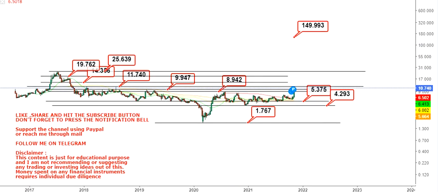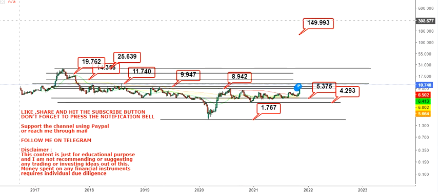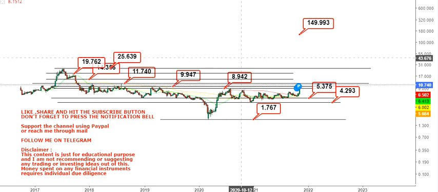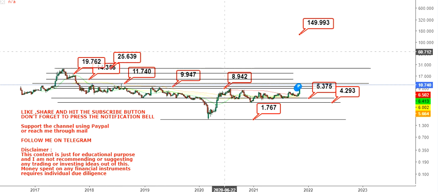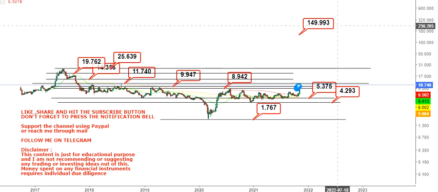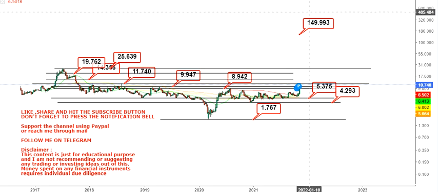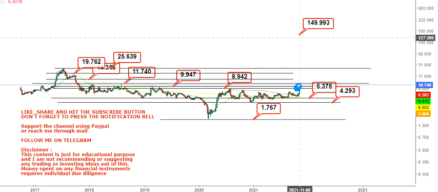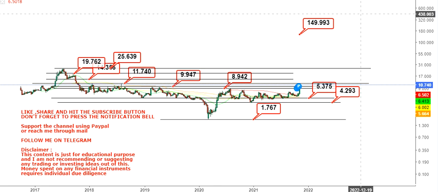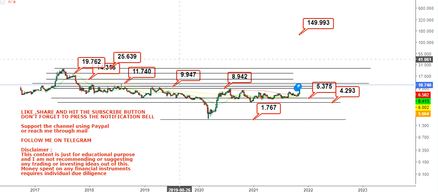So this is what we are looking at as far as the big target is concerned. But right now the reality is $26, and beyond that, if there is a breakout, then we will go for 140, 150. Right now it is a conditional target and will only activate beyond $26 on the upside.